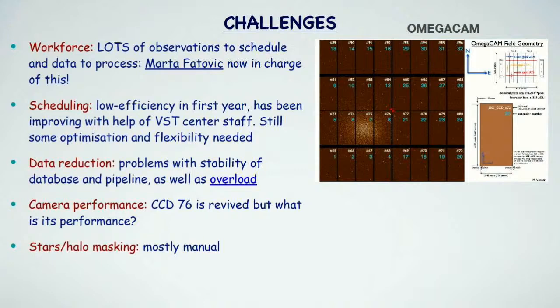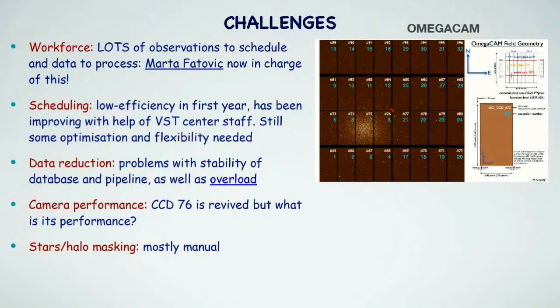Then we became suspicious that it was too good. And so we went and asked ESO and said, look, it doesn't seem to be a problem with the CCD anymore, which was off. And they looked and said, oh, really? Yes, it came back up. So we had to inform them that it came back up. But the problem is that it's not very well characterized now in terms of the photometric performance.